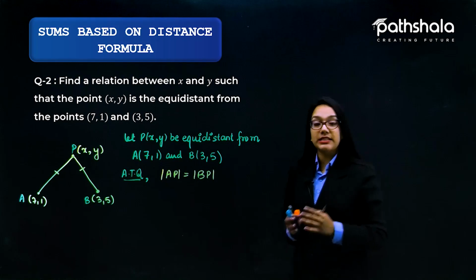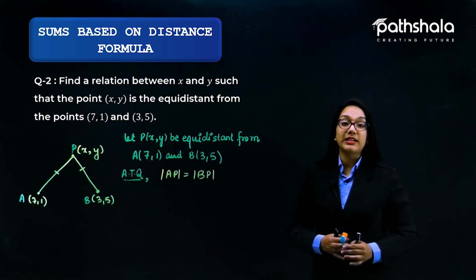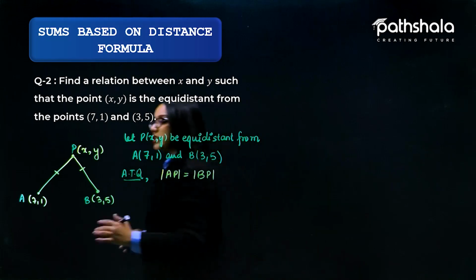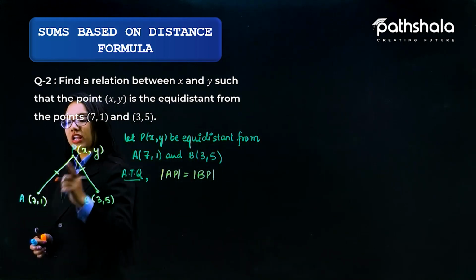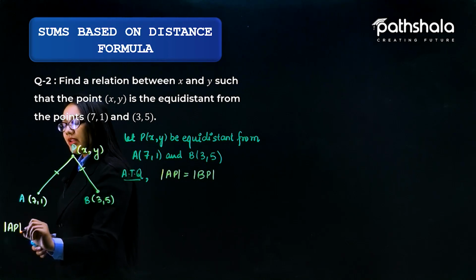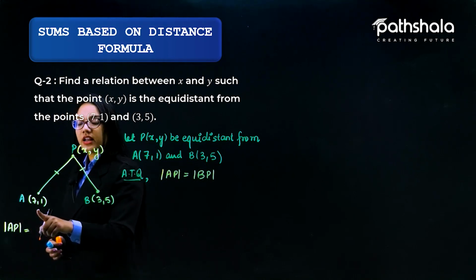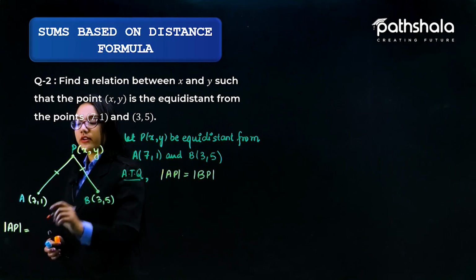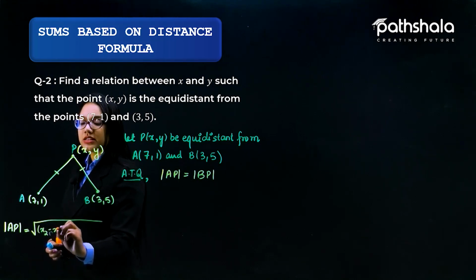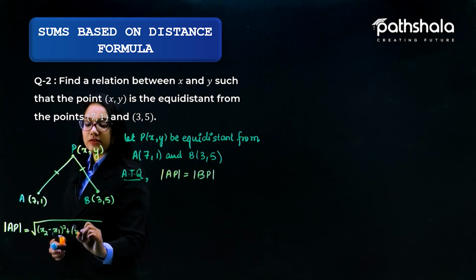If the distances are equal to each other, we can find the distance using the distance formula. So what is the distance formula? Taking the distance AP, let us suppose this is x1, y1 and this is x2, y2. The formula is the square root of (x2 minus x1) whole square plus (y2 minus y1) whole square.